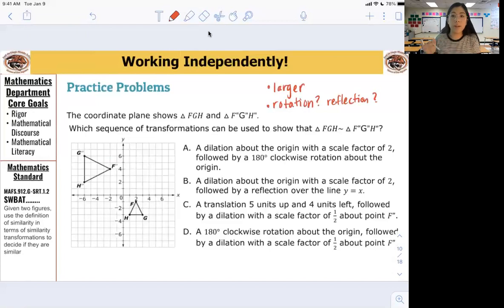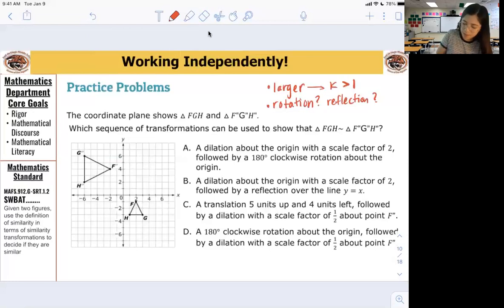So that already is going to help you eliminate a lot of answer choices, because if it's getting larger, scale factor has to be what? Greater than 1 or between 0 and 1? Greater than 1. Scale factor should be greater than 1. So which answer choices can I eliminate right off the bat?